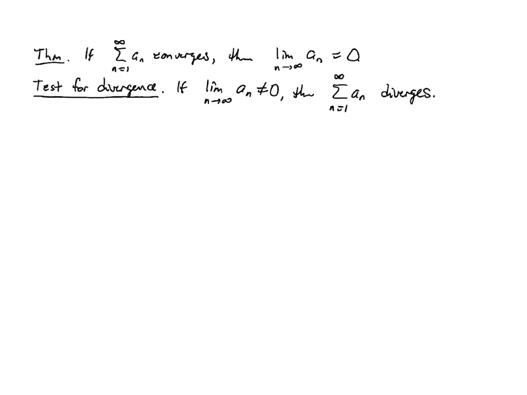Okay. So let me give you an example of how this works and how it doesn't work. For this one, I want us to look at the series k equals 1 to infinity of k times (k plus 1) times (k plus 2) over (k cubed plus 5).